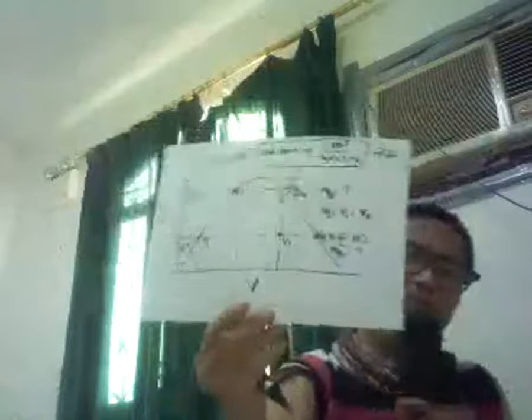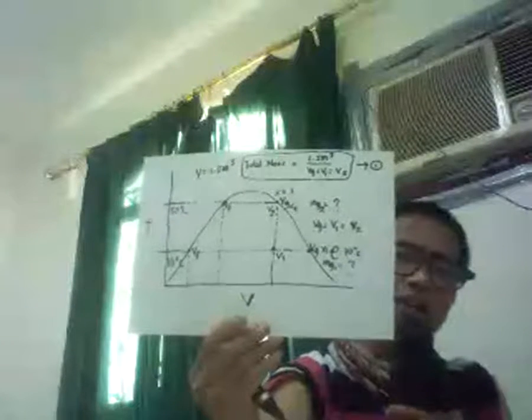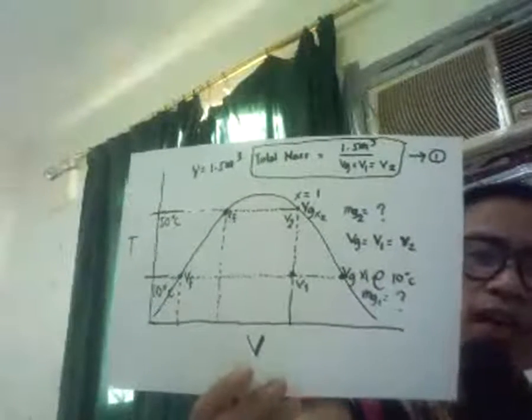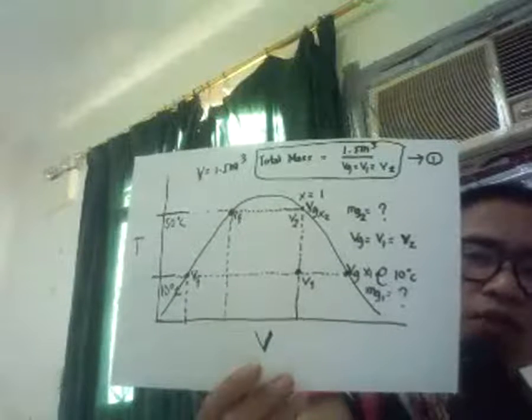Slope. Take a look at the graph. Let's take first 10 degrees Celsius. It could be the V1 slope in algebra: V1 minus Vf over Vg minus Vf.